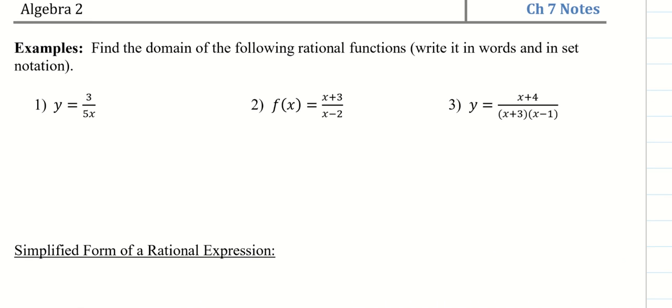So to find the domain of the following rational functions, remember the domain is your x values. So if we're looking for where the x values don't exist, what we're going to do is set the denominator equal to 0 and then solve.